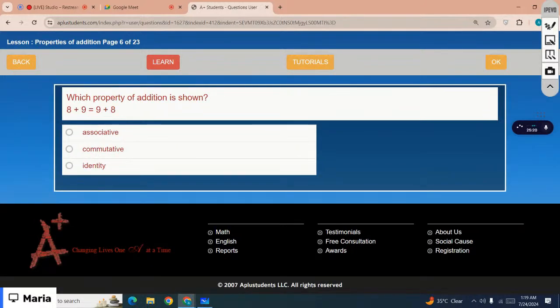Which property of addition is shown? 9 plus 8 equals 8 plus 9, which is the correct option? Commutative property is the correct option. Up till now we learned three properties, right? Associative, commutative, and identity.